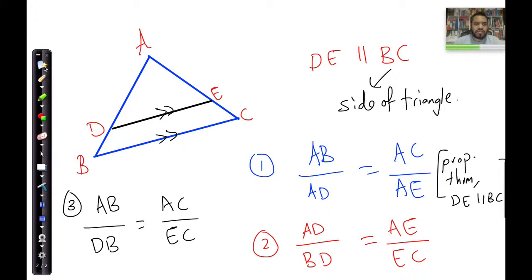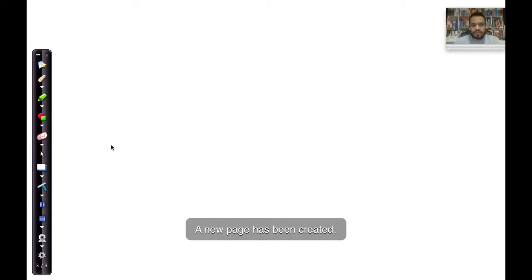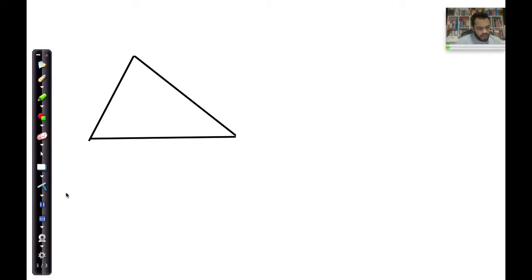Okay, so I'm going to start with an example. Let's label the vertices that we've got over here. I'm going to make this again triangle ABC, right? And I'm going to then construct a parallel line. Let's make that line DE again, from there to there. Okay, let's make it a little bit higher.